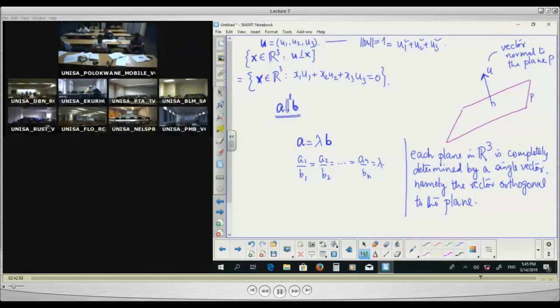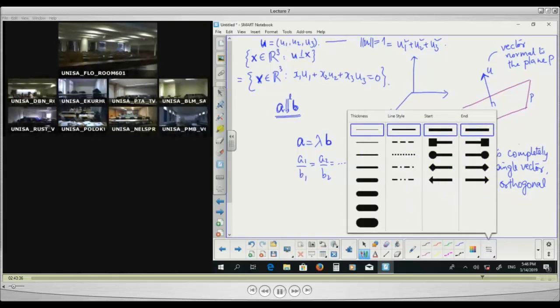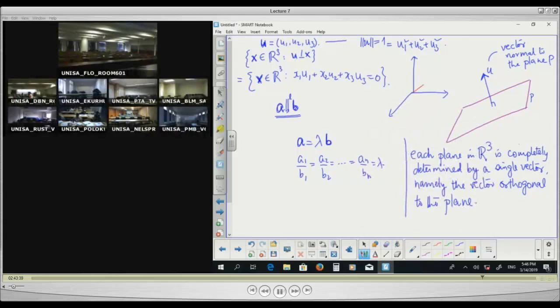Yeah, the geometric interpretation of this is that in R3, for instance, say, these two vectors, and if you select the plane which is passing through these vectors, let me see if I can make it lighter.